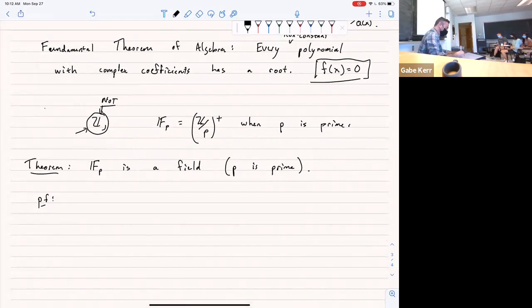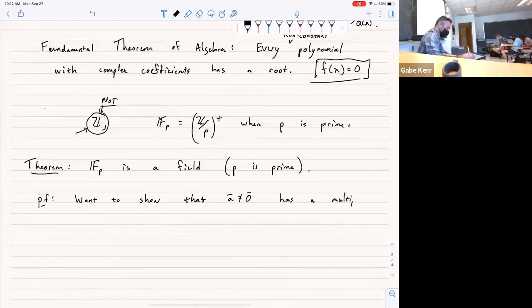So let's see that we can do it. We want to show that for any a not equal to 0, and I'm going to use the bar notation, there is a multiplicative inverse.